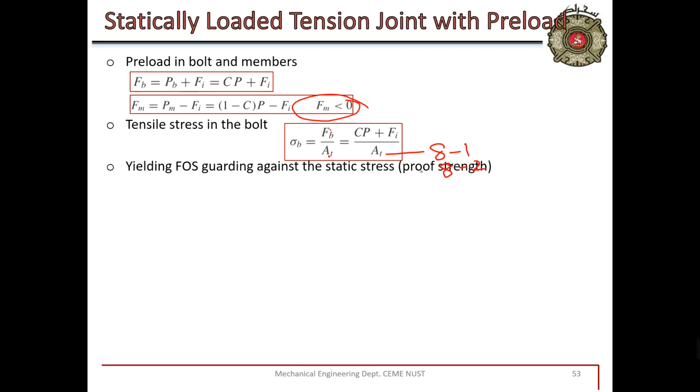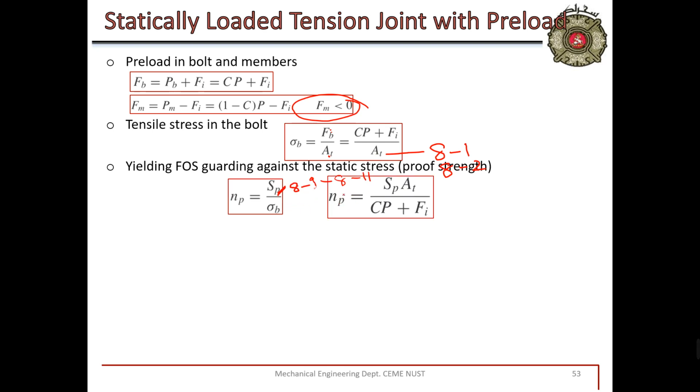Factor of safety guarding against proof strength can be calculated. We know Fb, so dividing this value by S, which is proof strength, and proof strength can be used from tables 8-9 to 8-11.